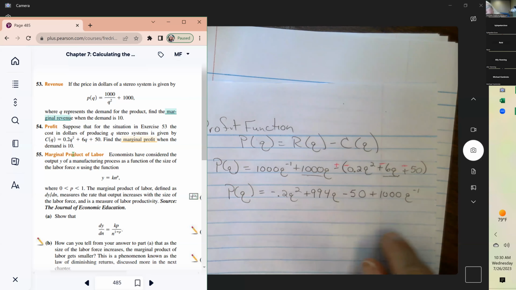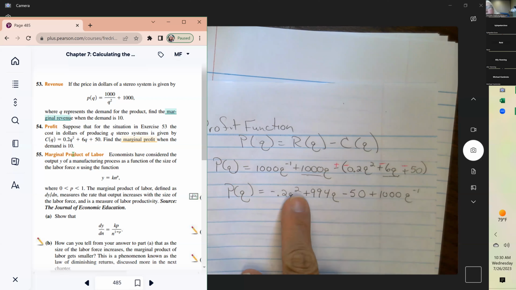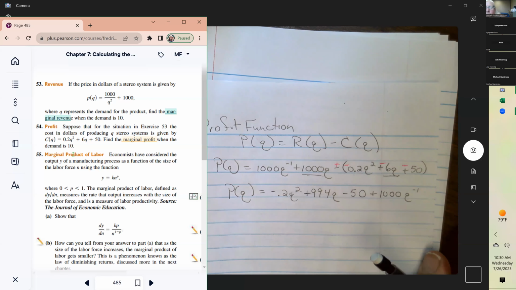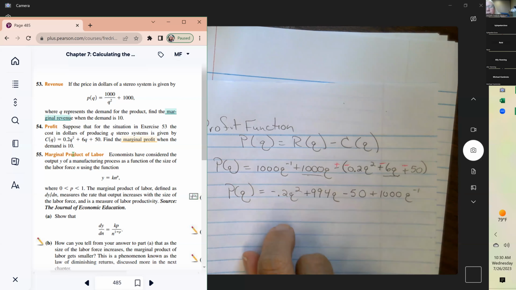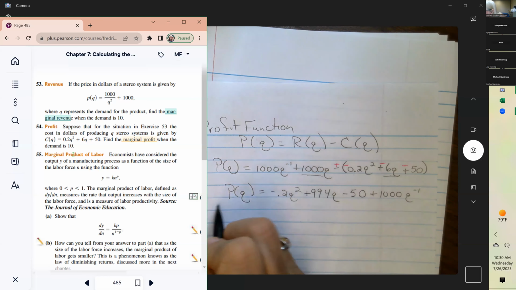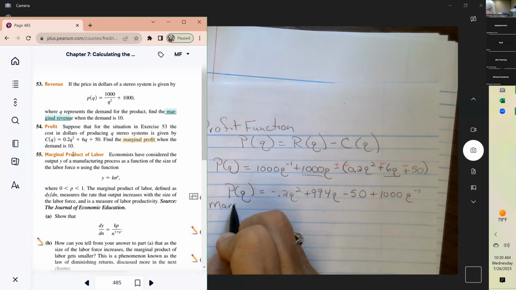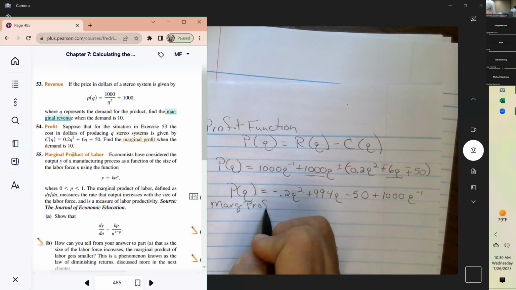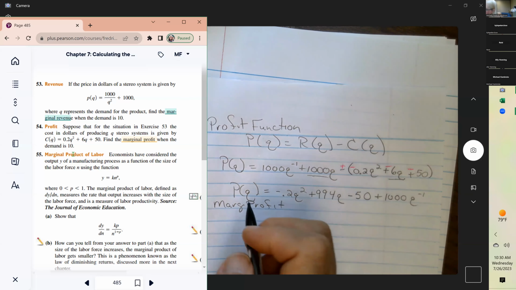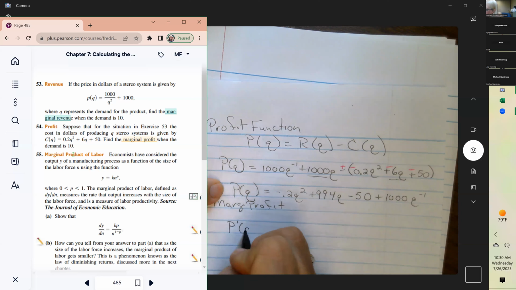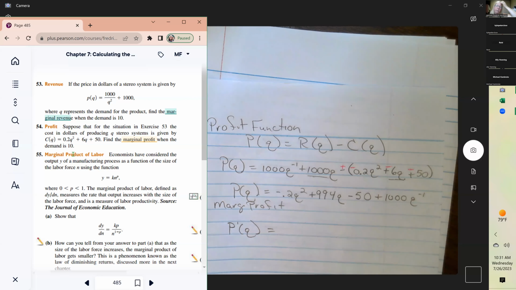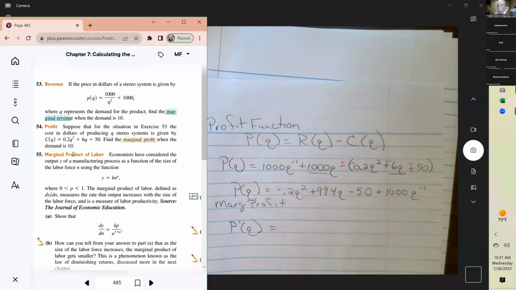I put them in order by the exponents. They didn't have to be, they could have been in any order. So this is our profit function. Marginal profit. You take the derivative. Go ahead and take the derivative.